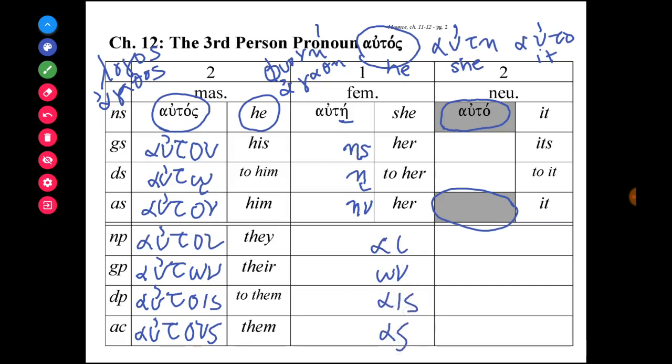And if you add the pronoun stem to it, then autē is "she," and then autēs is "her" or "of her."